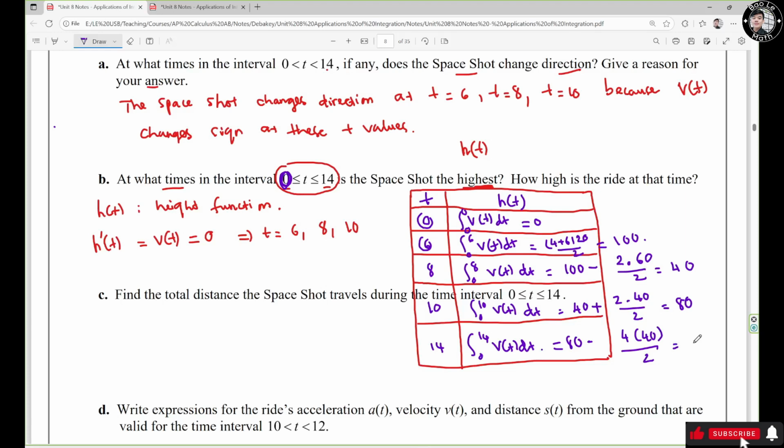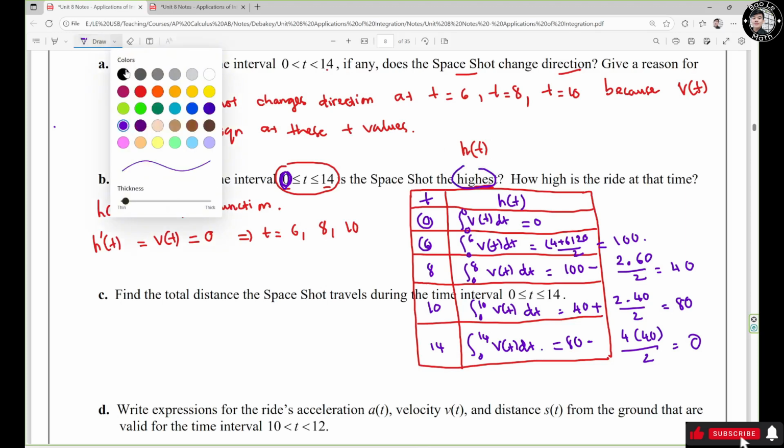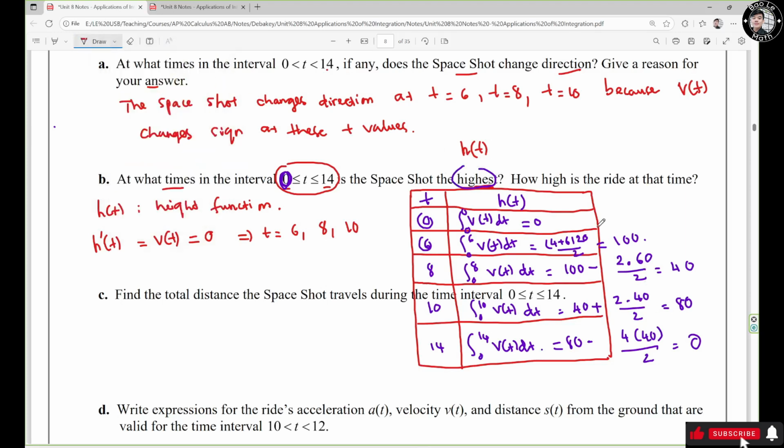So it should be 0, right? Now, since you need the height, which means the maximum value, the maximum value is right here, 100. The spaceship's height is at 100 feet at time t equals 6 seconds, right?